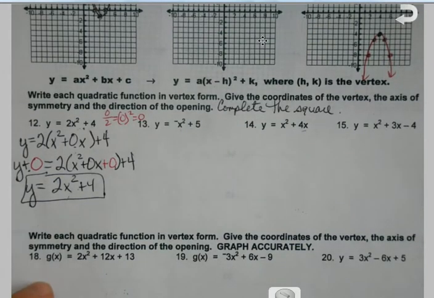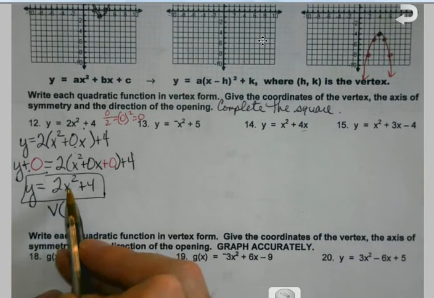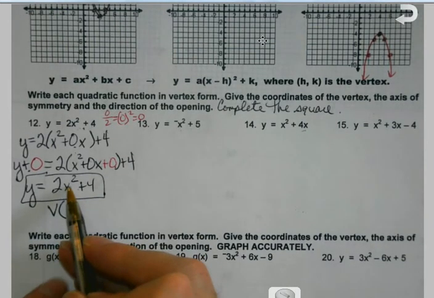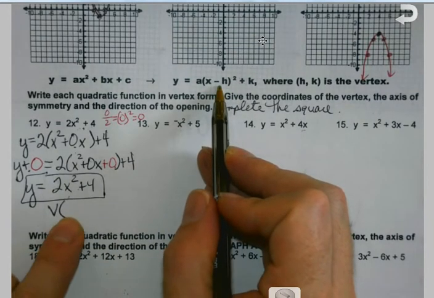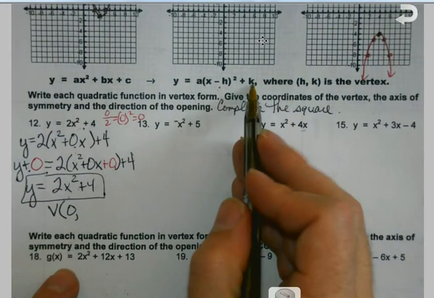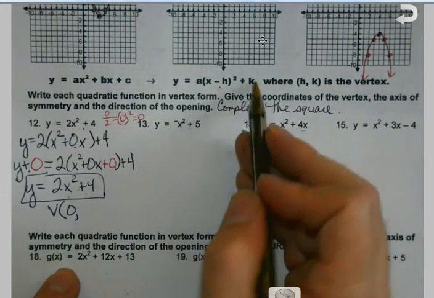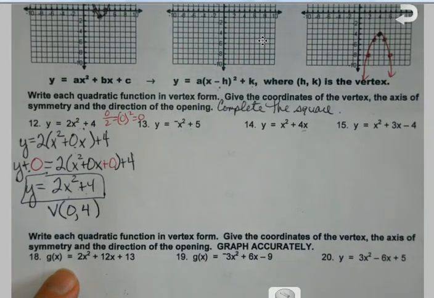Because I look and I go, okay, my vertex normally would be this x plus or minus number that's here, like it is here, but I don't see one. So what value am I going to use? 0. But my k value is just the plus number on the end, and that's still there. So my vertex is at 0, 4.